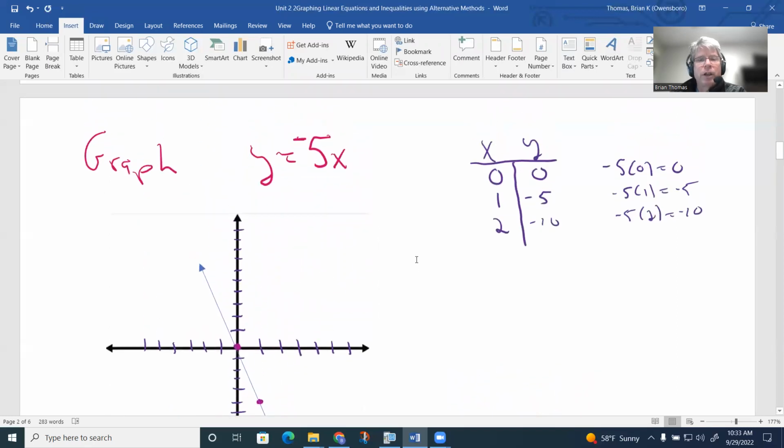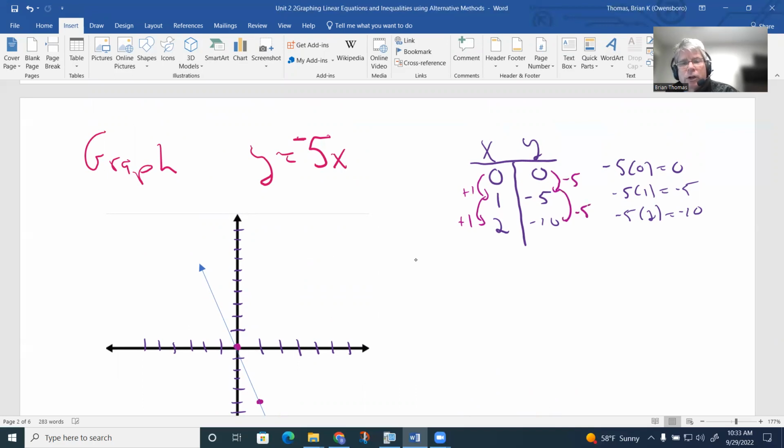So some things to pick up on in our table, though, is notice how 0, 0 was our y-intercept. Also, if we look at this, we have the change in the x's is a 1, and another change of 1. If you look at the y's, they're decreasing by 5 each time.